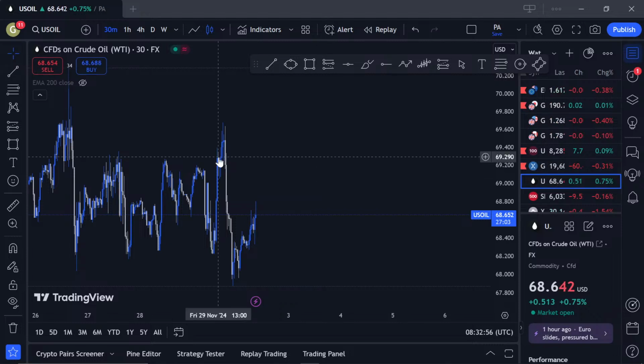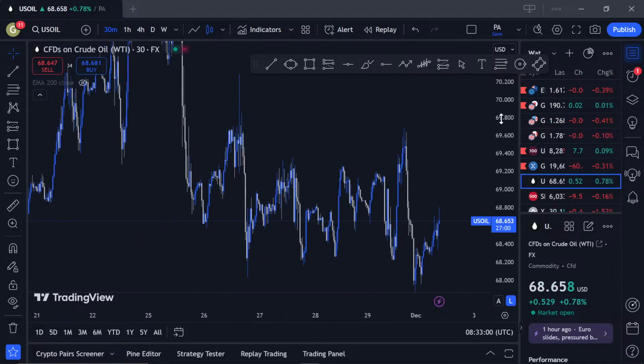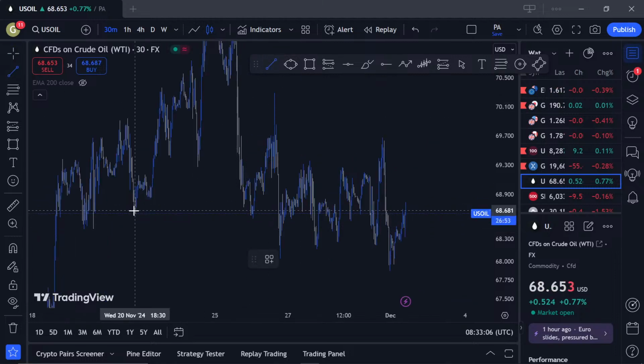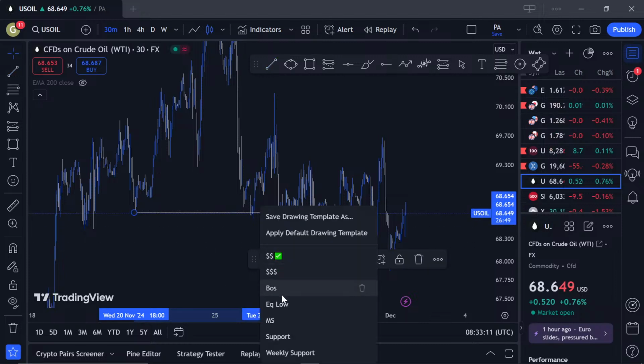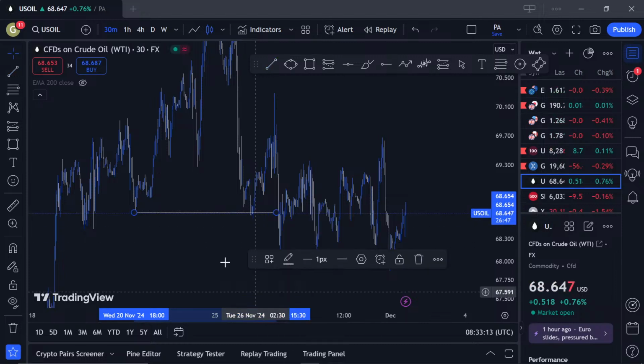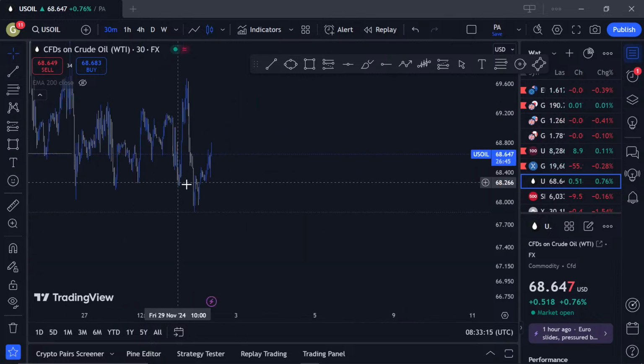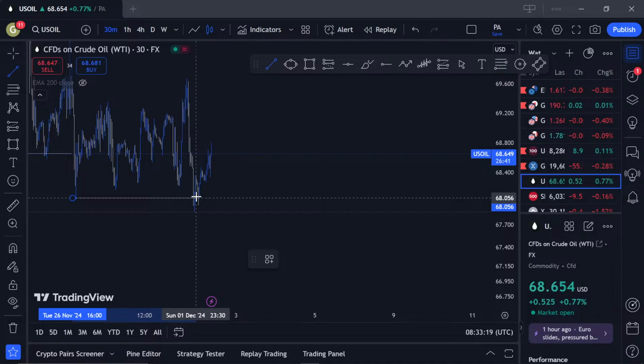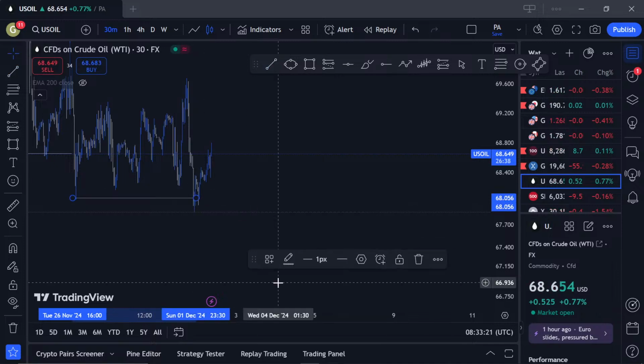Now next up is USOIL. There's no big deal here. We all can see clearly that it is a sell market. I personally sold it last week. Market shift here. Breakout structure right here.